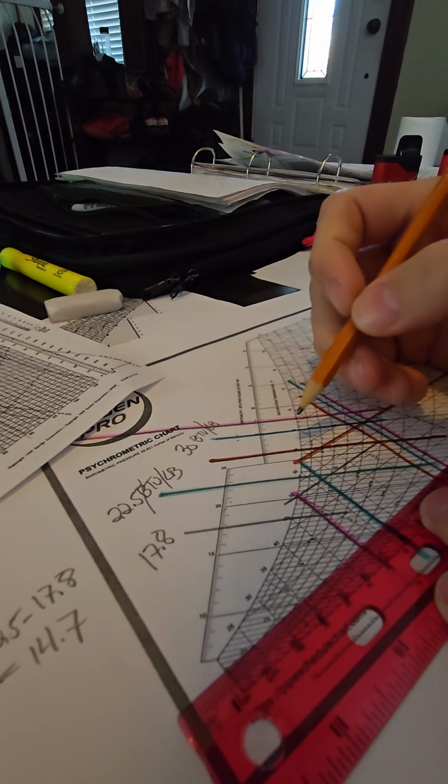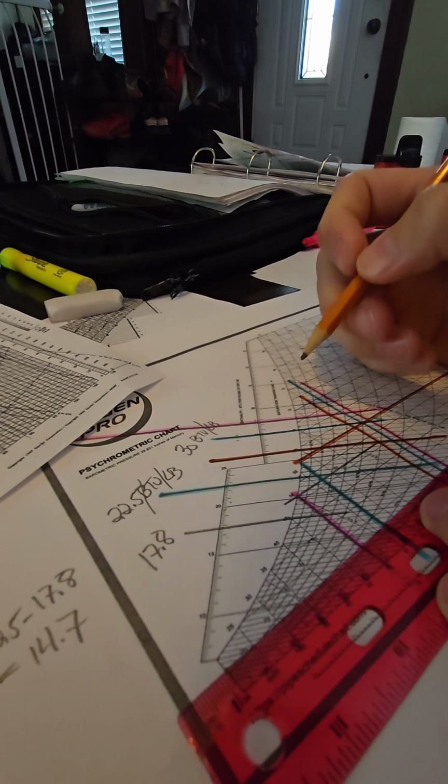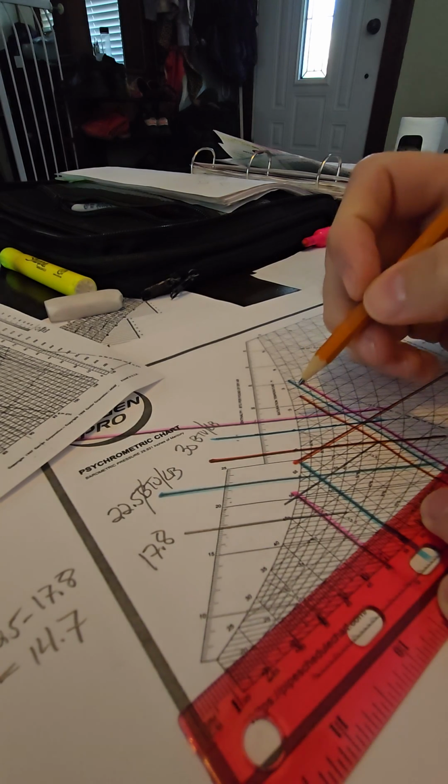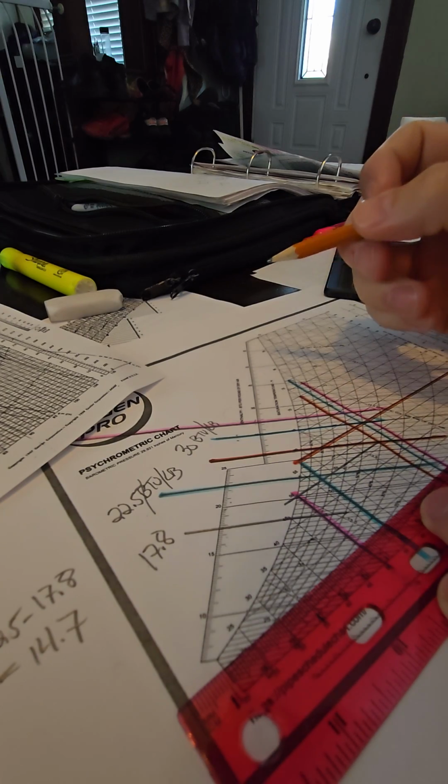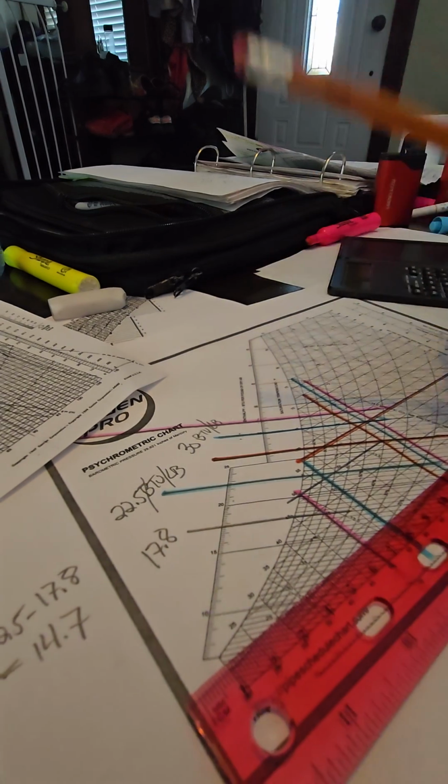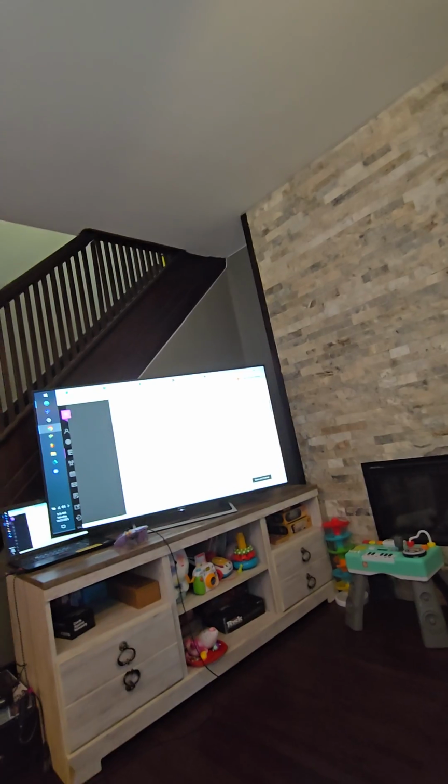Is it 50? Maybe it's more like 51. 51. What are our options?